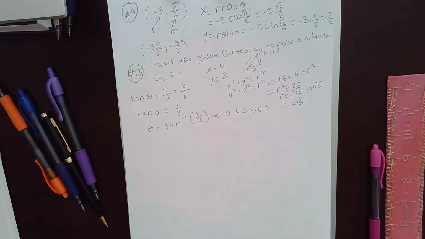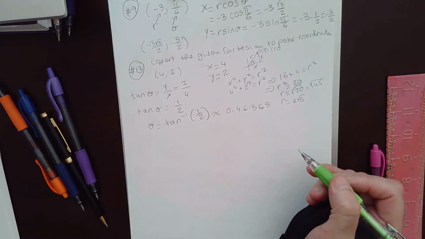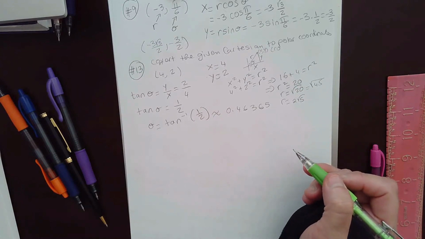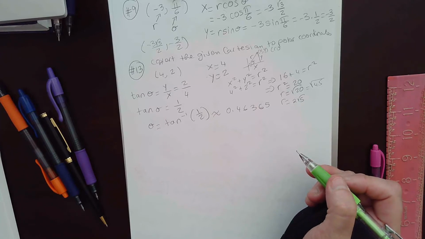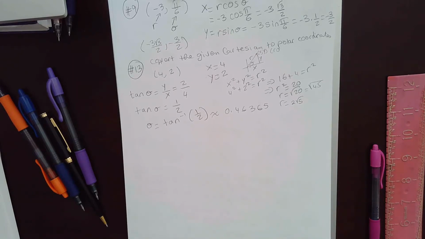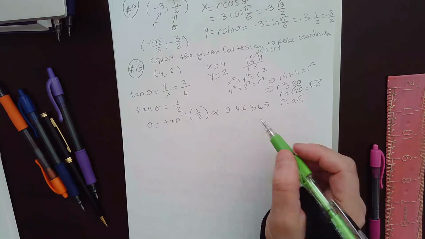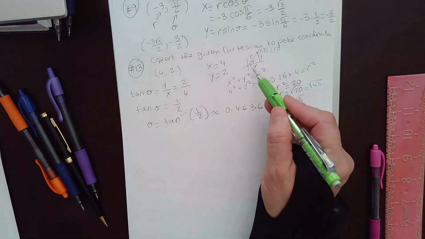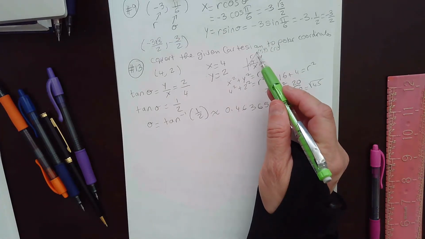Now take a look. Where is 4 and 2? Where would that be? This must be in which quadrant? This must be in the first quadrant. Why? Well, graphing it, x is 4, y is 2, so it's in here.